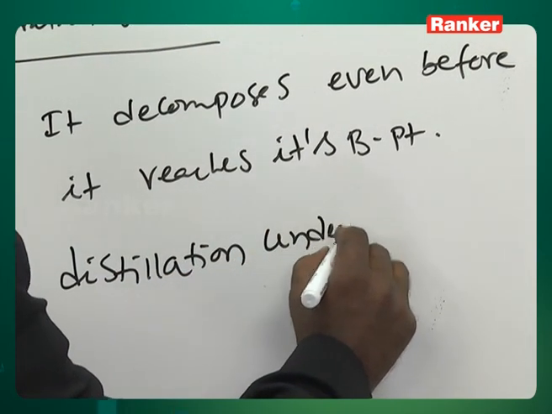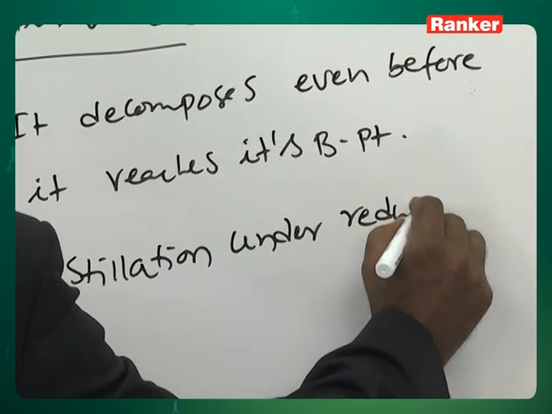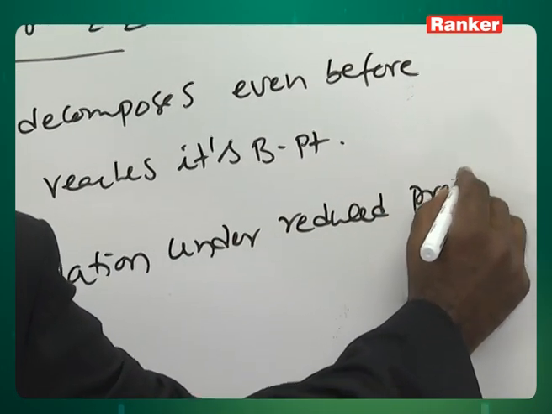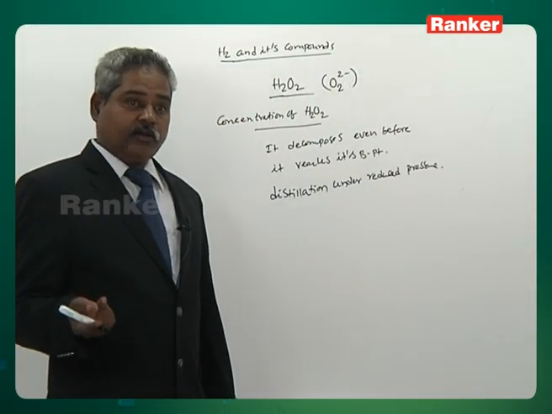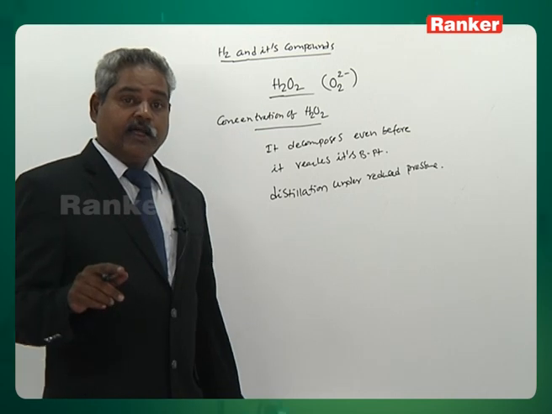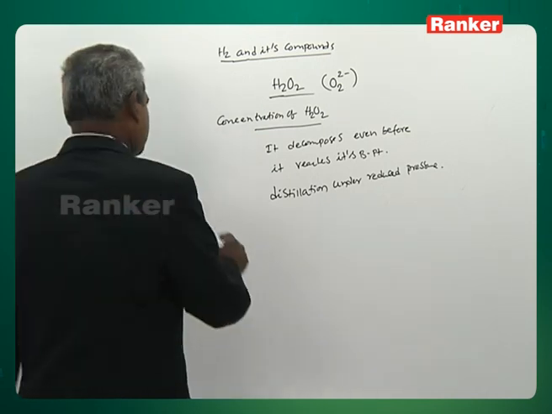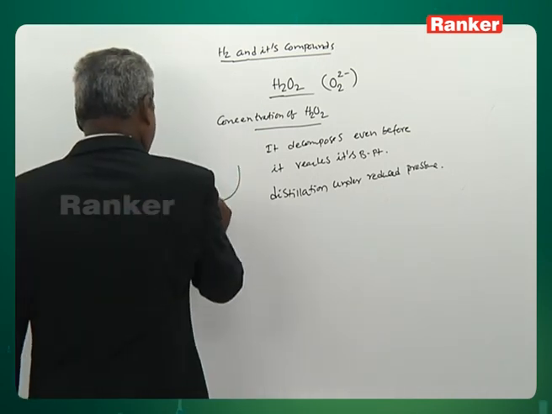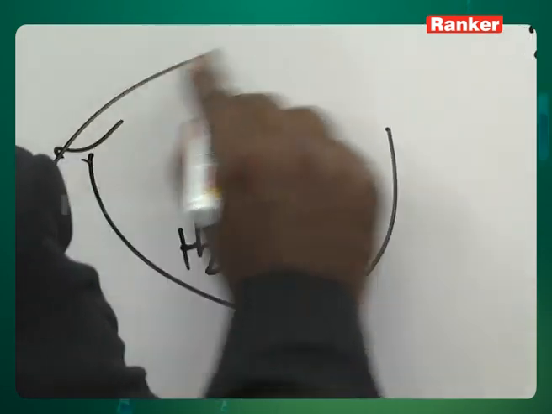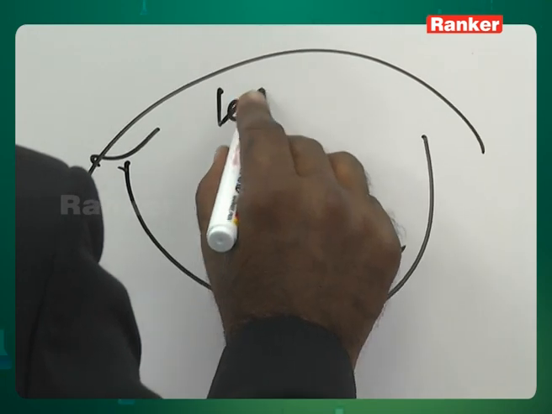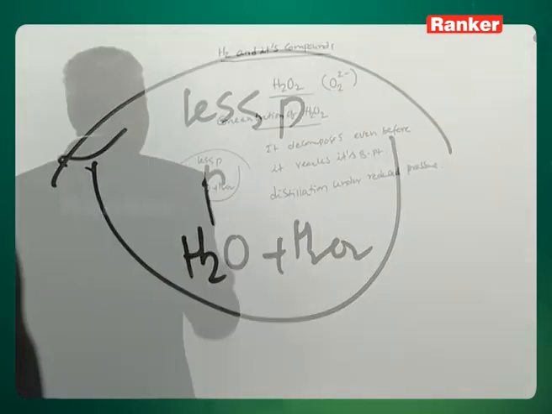Distillation under reduced pressure. The boiling point of water is 100 at a pressure of 1 atmosphere. Suppose the pressure you create is less for H2O plus H2O2, less atmospheric pressure. What happens? Water boils quickly.